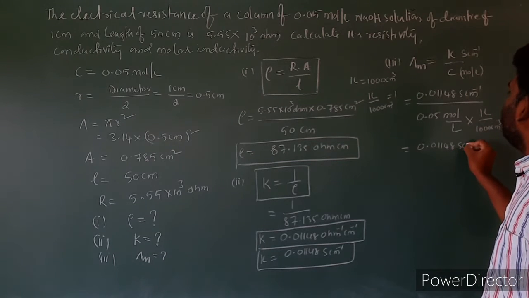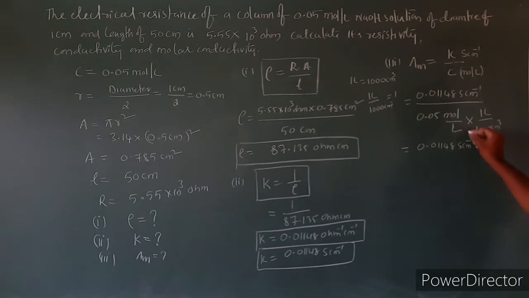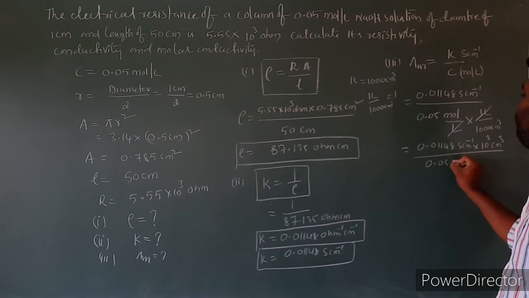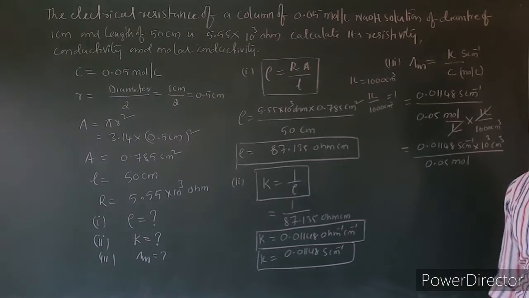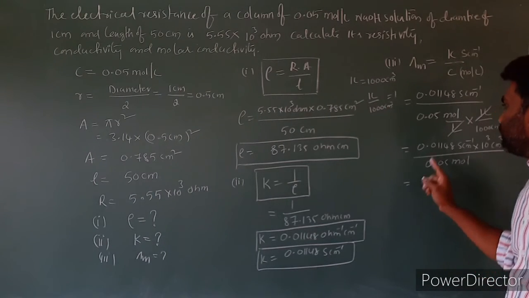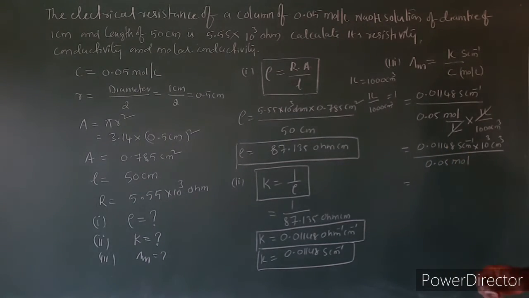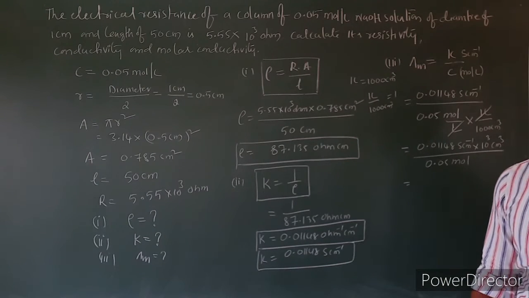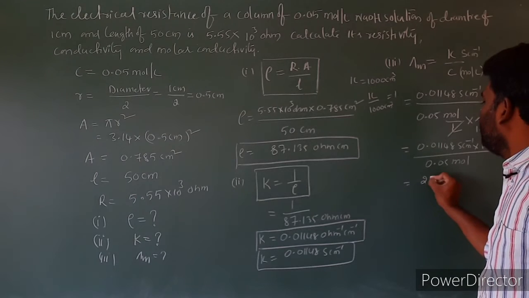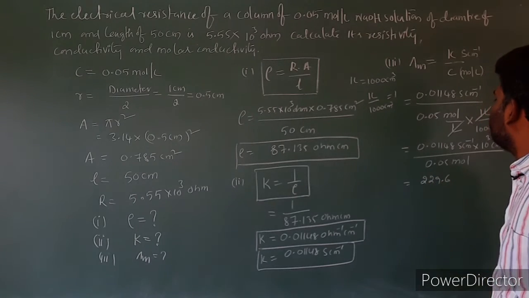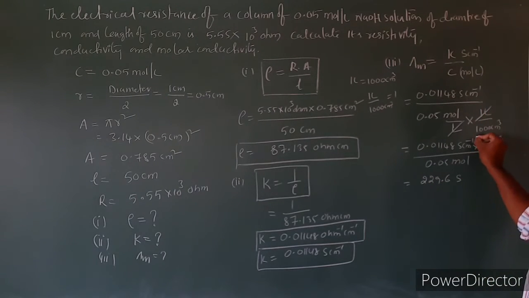Then you get 0.01148 Siemens centimeter inverse. Here liter will get cancelled, into 1000 as 10 power 3 centimeter cube by 0.05 moles. So upon simplification 0.01148 into 10 power 3 by 0.05 is equal to 229.6 Siemens centimeter inverse.